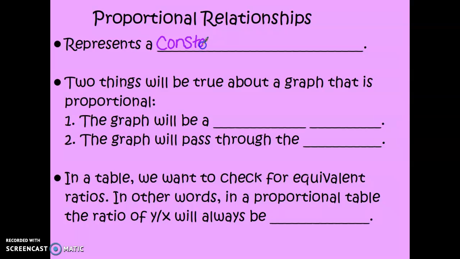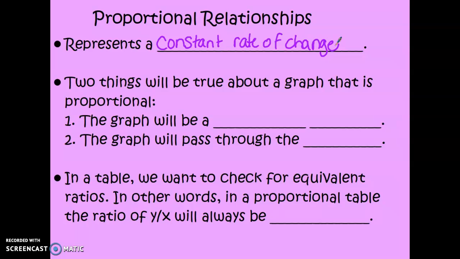Constant rate of change. The change remains the same or it's equal, which is that constant of proportionality. That's the reason why we start with that, so that we can understand what a constant rate of change is. So when we divide it out, we get the same number over and over and over.